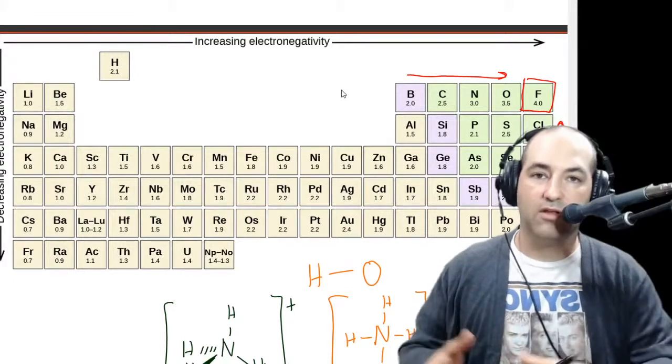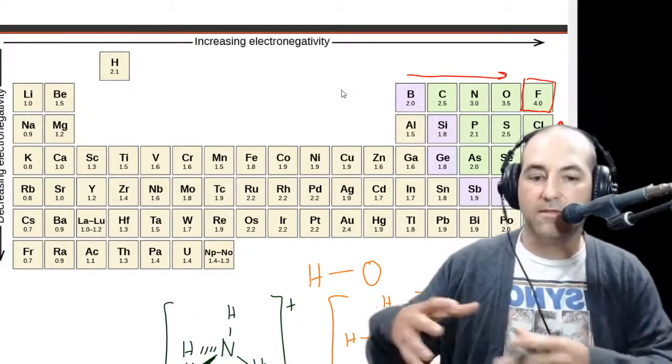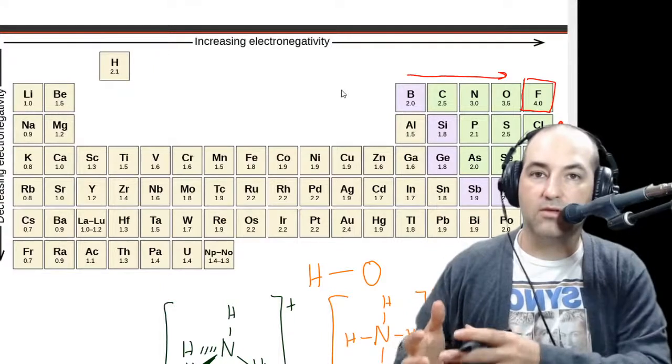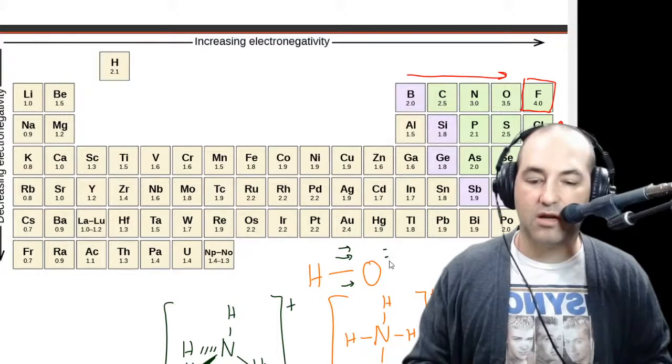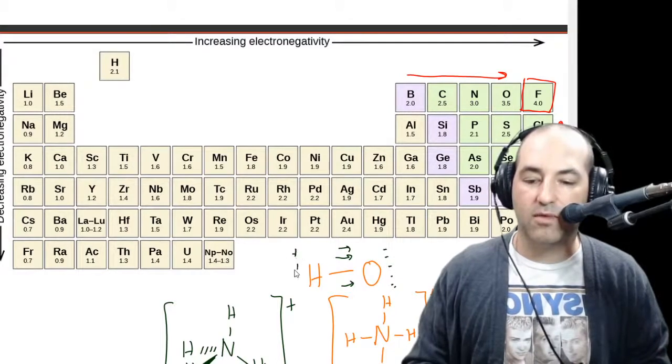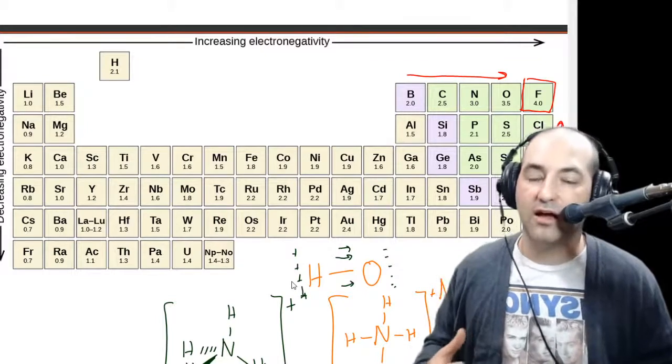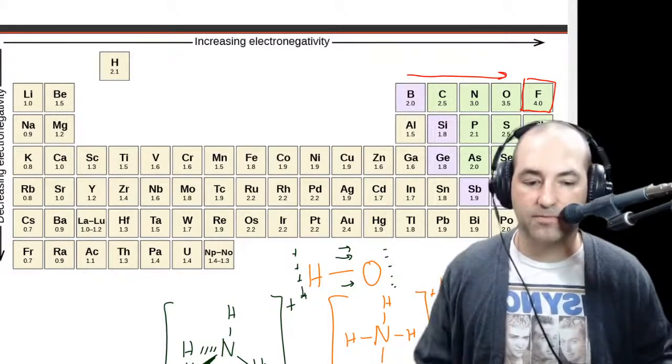And if the electrons are pulled away from one side, that side is going to be more positive. So in an OH bond, the electrons are pulled toward the oxygen because oxygen has the higher electronegativity. And so we end up with negative over here and positive over here. And again, these aren't full charges like an ion, they're just partial charges.